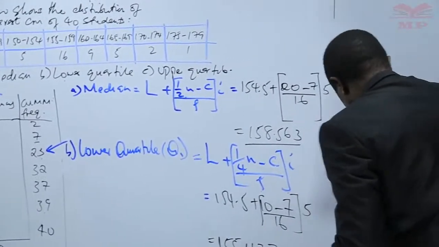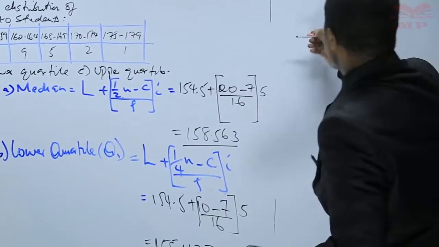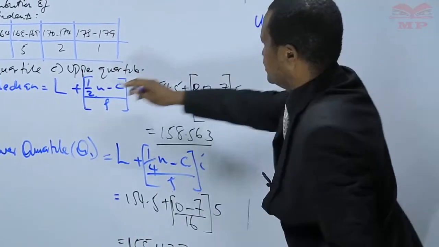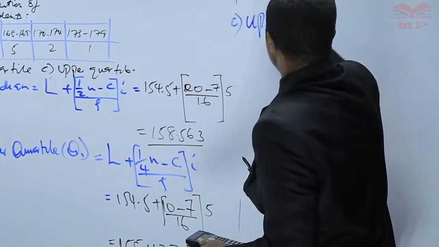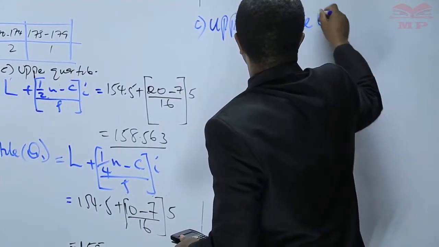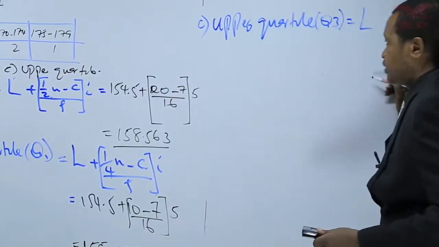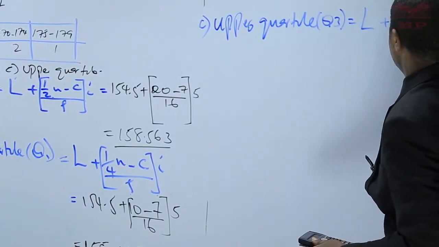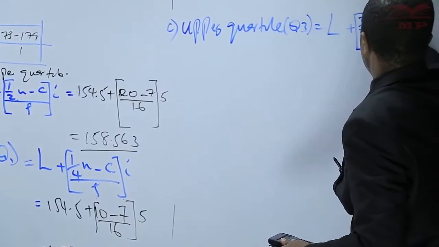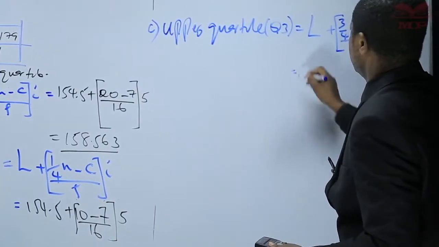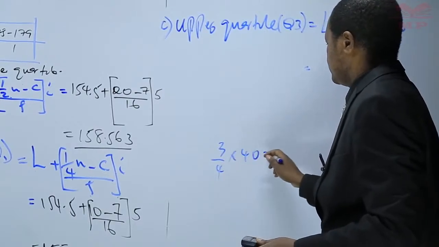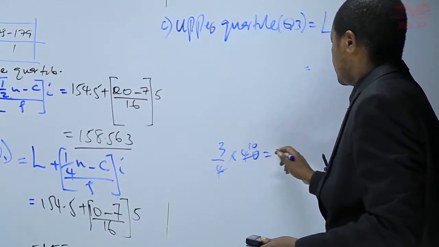Let's move on to the upper quartile, part C. The upper quartile, Q3, is equal to the lower class boundary plus (3 over 4 n minus C) over F, times I. So first we'll calculate 3 over 4 times 40, which is equal to 30.